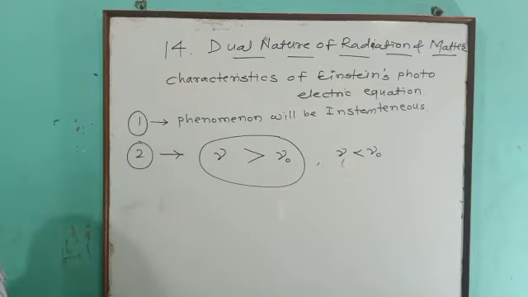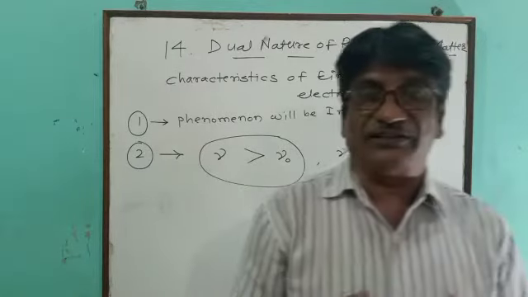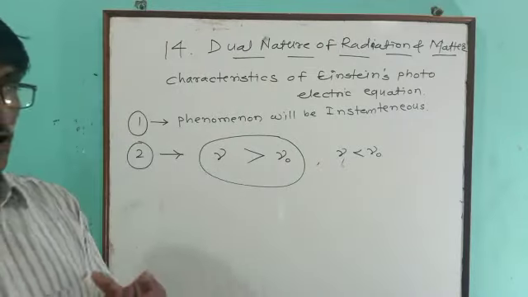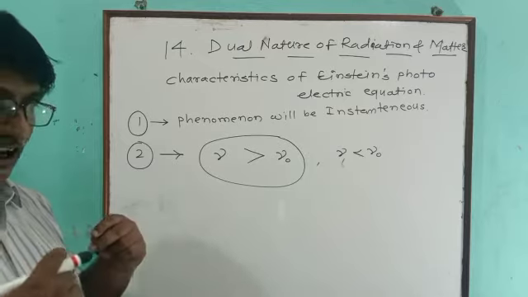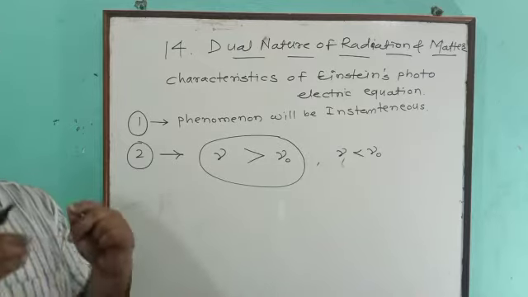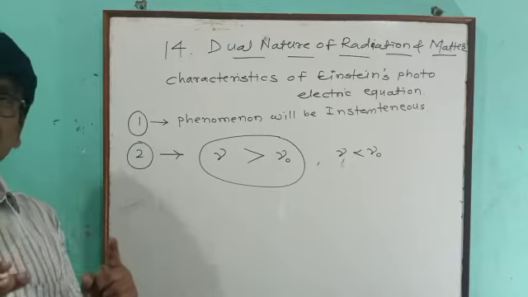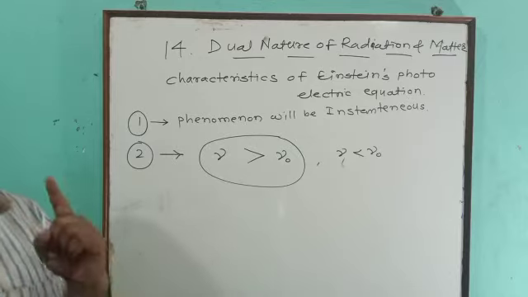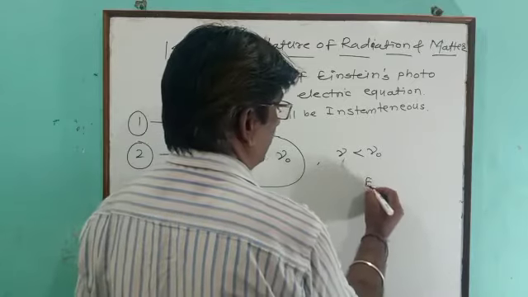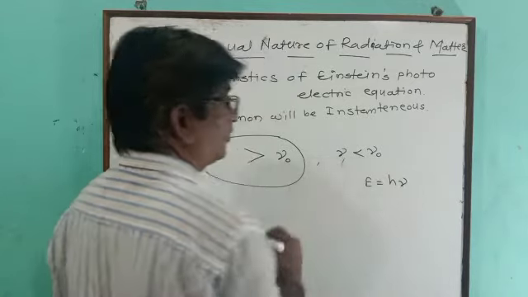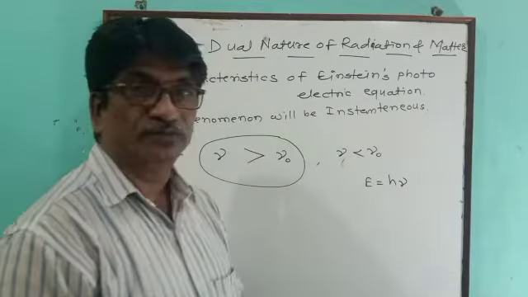We know that according to Planck's quantum theory, radiation of light is emitted in the form of discrete packets like a shower, and each packet is called a quanta, or a photon. The energy of a photon is h nu.